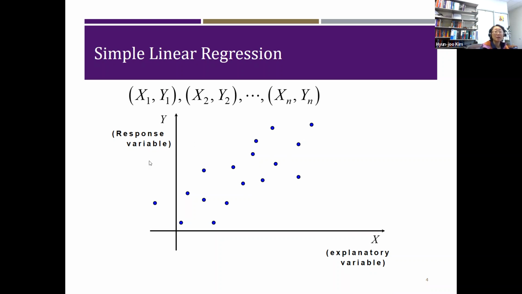Typically, we want to explain what's happening to Y using X. Another name for X is the independent variable, and Y is the dependent variable. So we want to find how Y depends on your independent variable X.